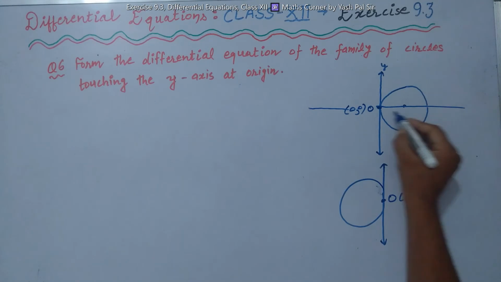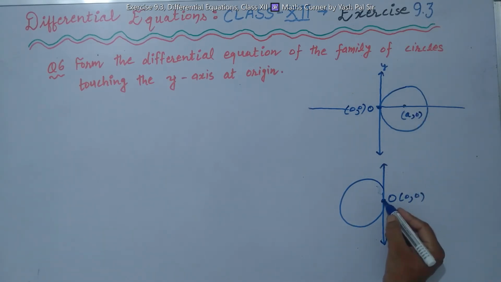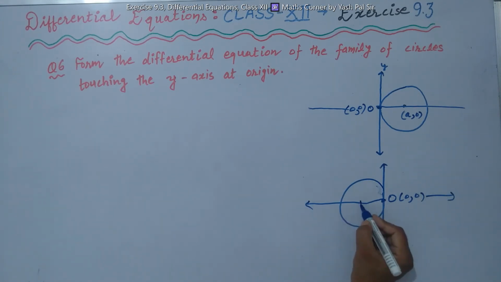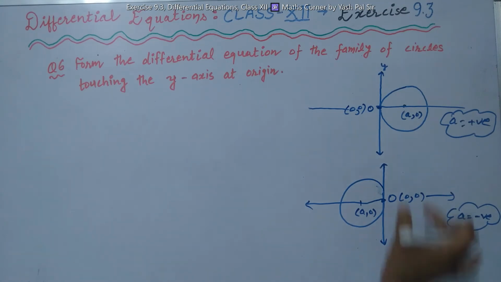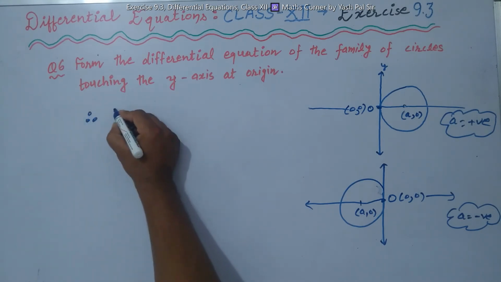We know that the center of the circle will be a comma 0, where a is negative here, and here a is positive. So in both cases, what we see, the radius is also a.